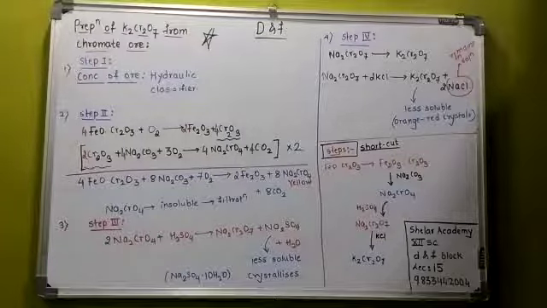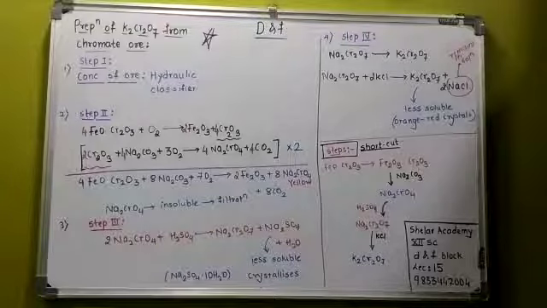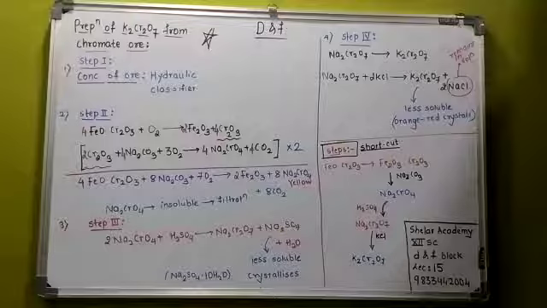What you need to remember is that FeO·Cr2O3 is converted to Fe2O3·Cr2O3. Then you balance the equation. I hope balancing the equation would not be a problem here.